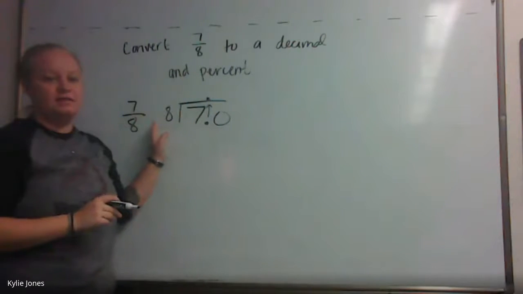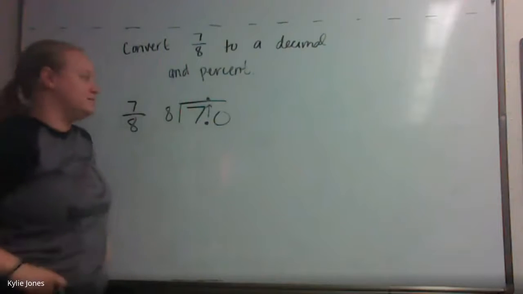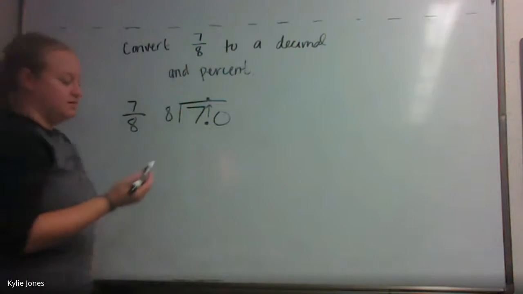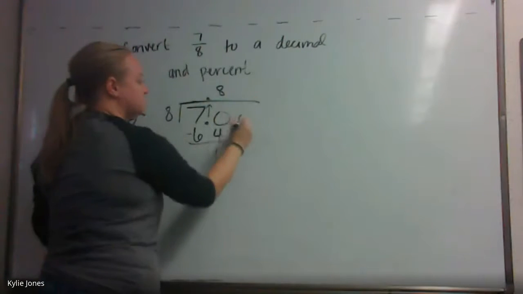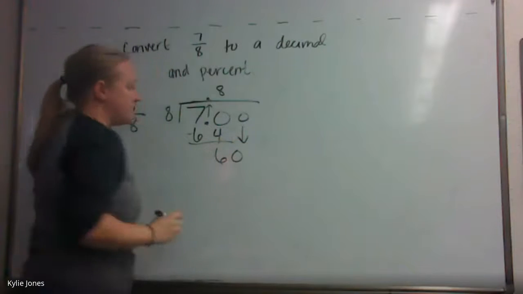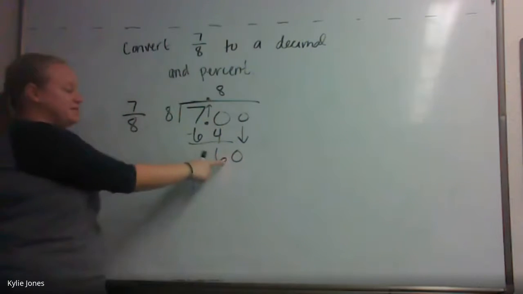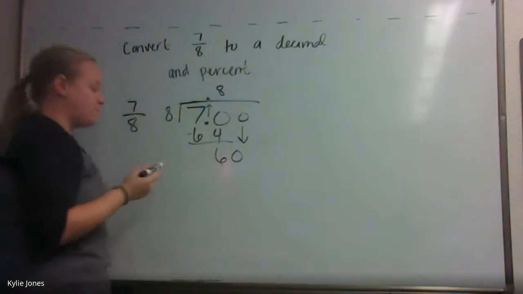Now we can do 8 going into 70. How many times does 8 fit into 70? 8 times. You get 64. Subtract and get 6. We're going to keep going. Bring it out a couple of decimals. Does 8 go into 60? Yes, 7 times.